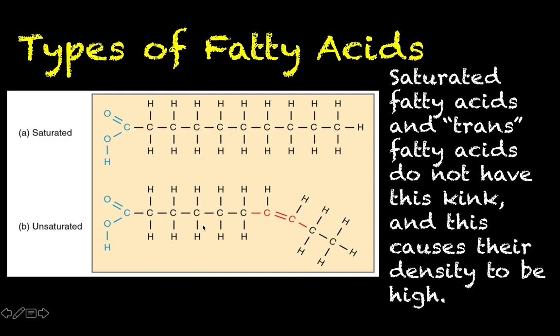Unsaturated fatty acids have much lower density because these molecules take up a lot more space, and because of this, unsaturated fatty acids tend to be present in lipids that are liquids at room temperature, like oils, like canola oil, olive oil, and things like that. Whereas saturated and trans fatty acids, because of their high density, tend to be solids at room temperature, things like butter and lard.